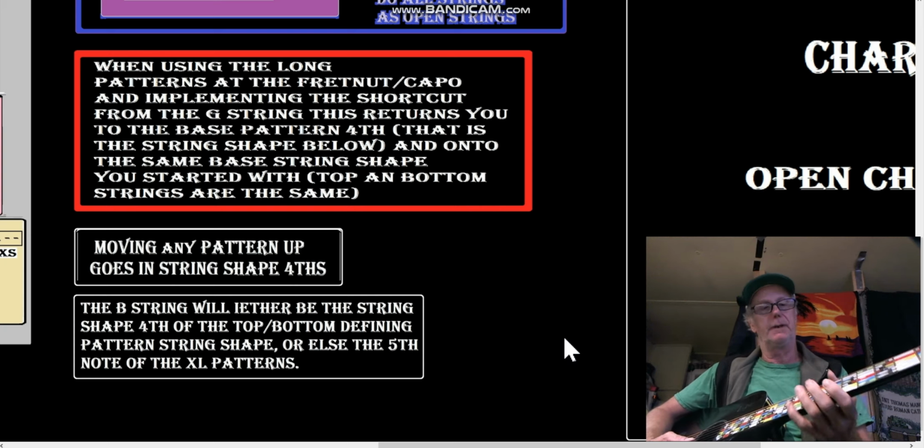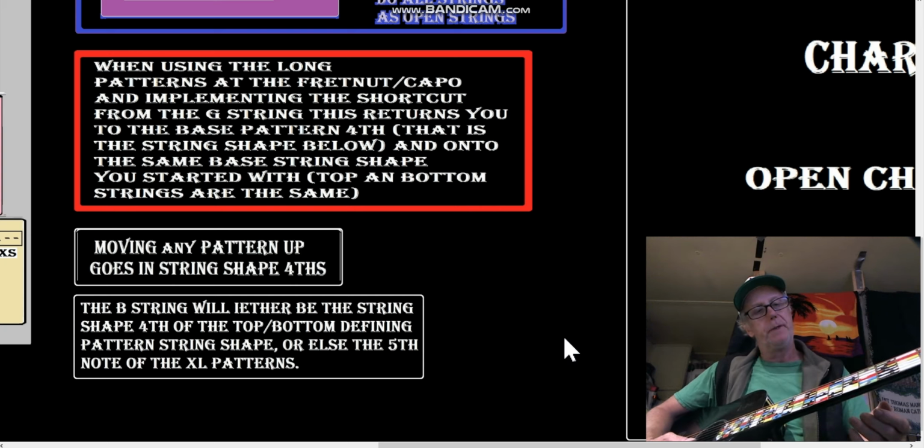That's a different fingering. So if we have here root 2, 3, and on the top root 2, 3, then what's below it is pretty much the 4th string shape. But if I'm talking about root as a root note, there's no string shape called root.